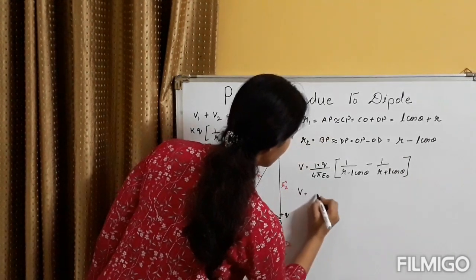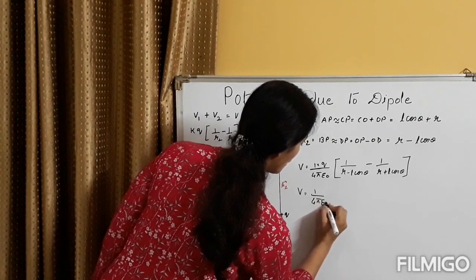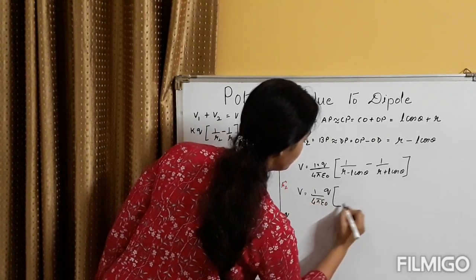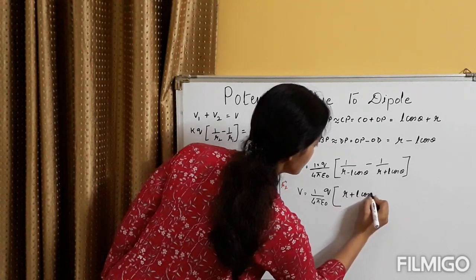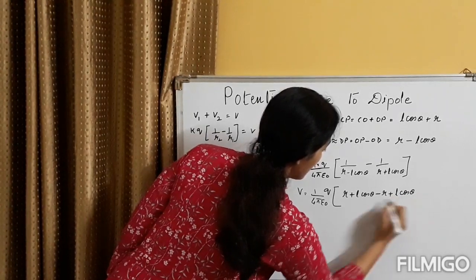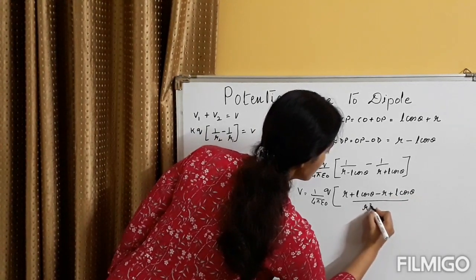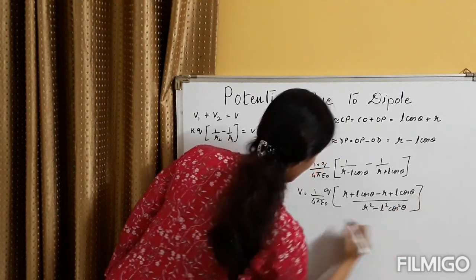So what are we getting next? We are getting 1 by 4 pi epsilon naught Q into R plus L cos theta minus R plus L cos theta divided by R square minus L square cos square theta.